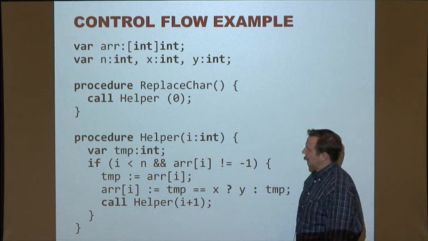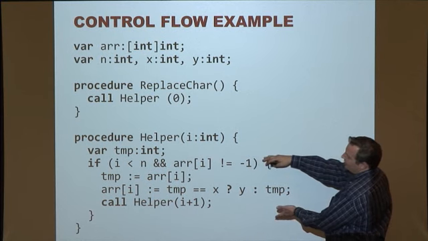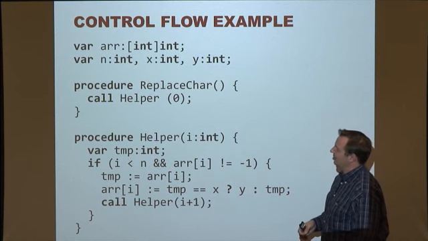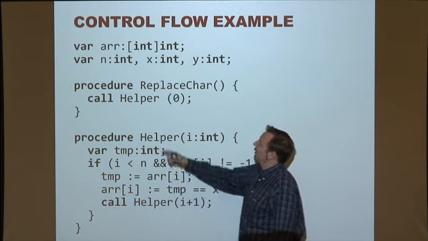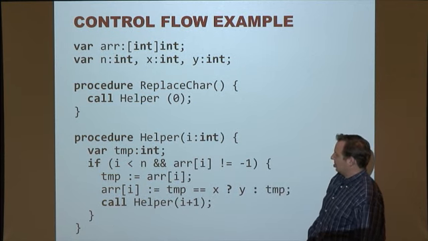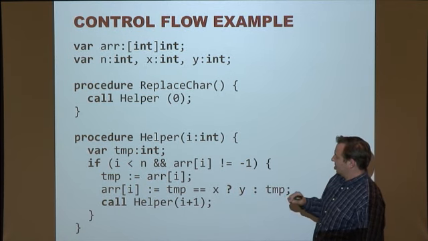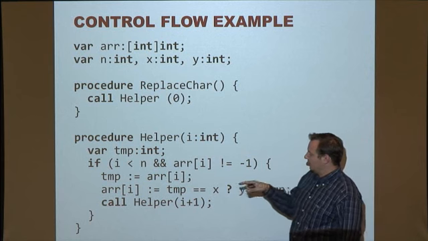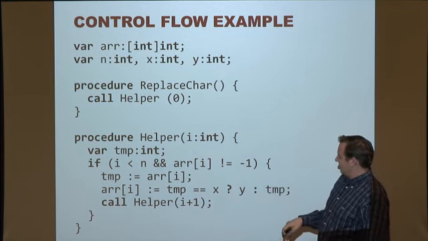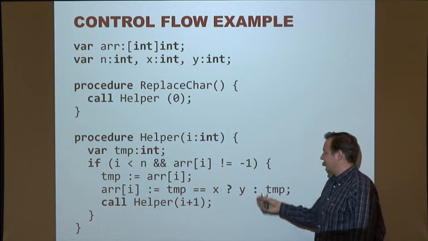So we have a couple of examples where we check control flow equivalence. This is one of them. The main thing to focus on is this part. This is just a recursive procedure that iterates over this global array and searches for a character that is equal to x, and if it is, it replaces it with y.